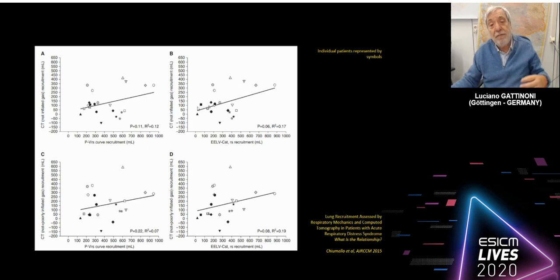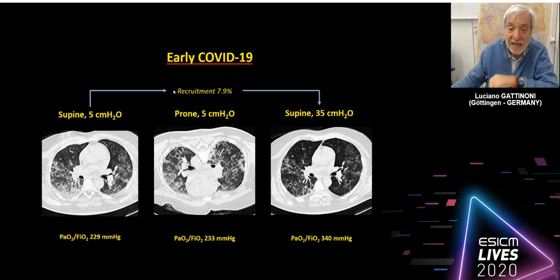So when people measure at the bedside, you get one number. You may get an overall indication, but what we measure has nothing to do with what you measure using the CT scan.